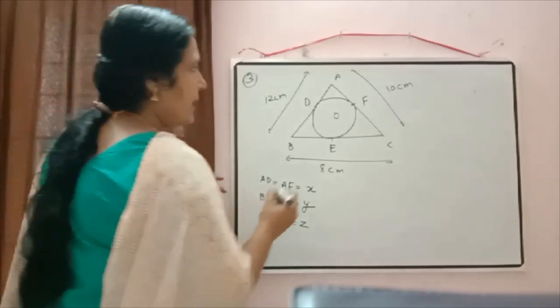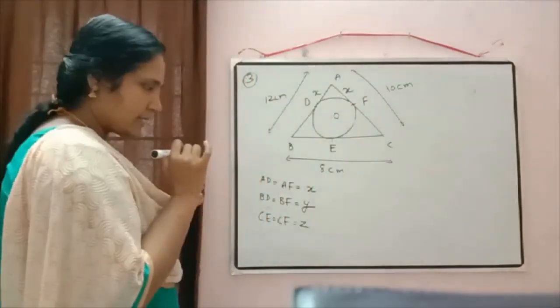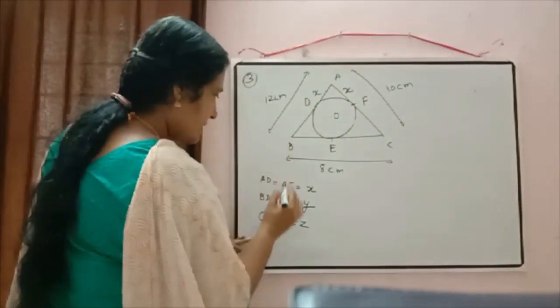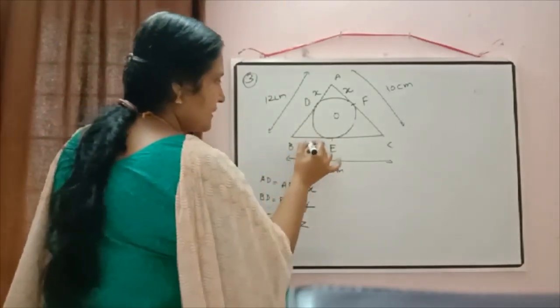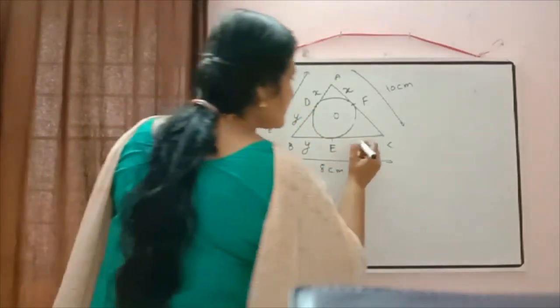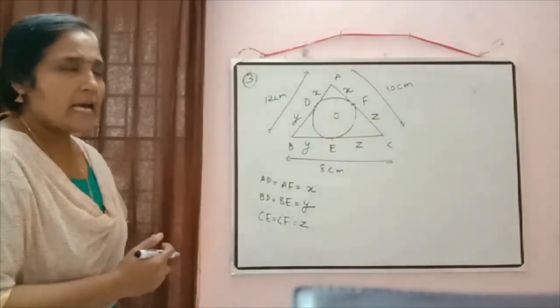AD and AF are equal, so both we have taken equal to X. BD is equal to BE, so both we can take equal to Y. CE is equal to CF, so both we have taken as Z.